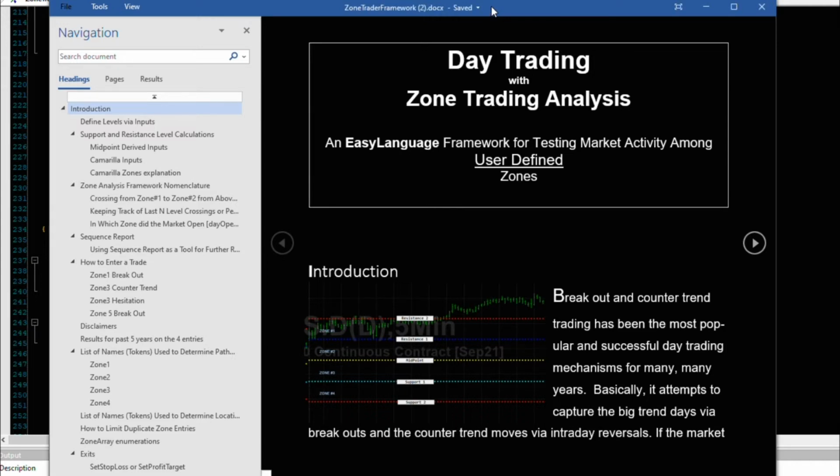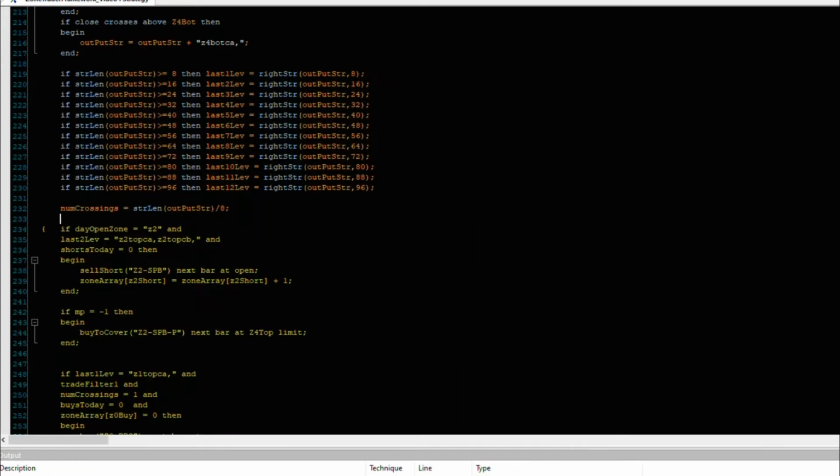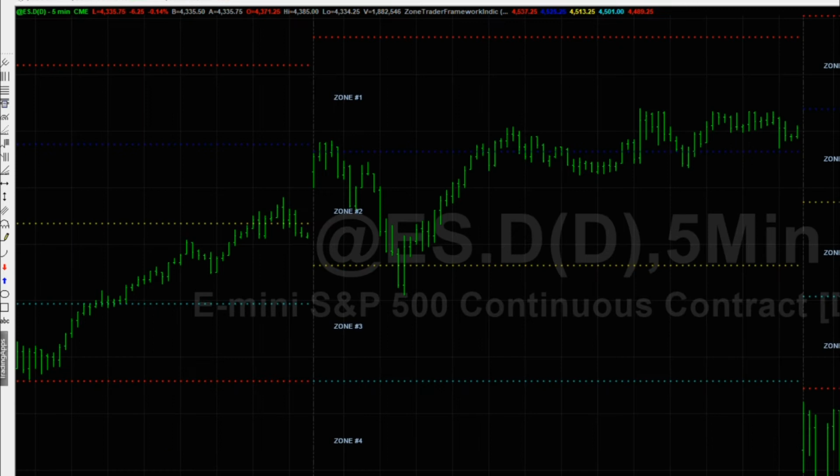Let's go ahead and take a look at, there's the code. Let's not look at the code. Let's look at, first off, a certain day in the ES.D. This day trading framework is really designed to only day trade the 4 day session stock indices.